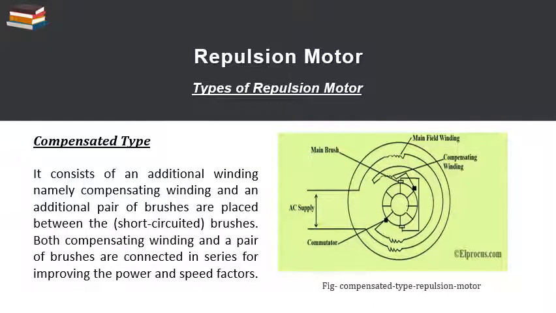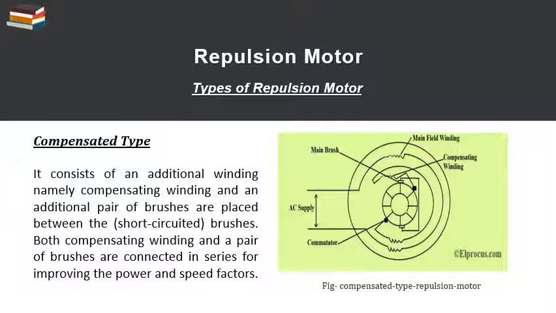It consists of an additional winding, namely compensating windings, and an additional pair of brushes placed between the short-circuited brushes. Both the compensating windings and the pair of brushes are connected in series for improving the power factor and the speed.